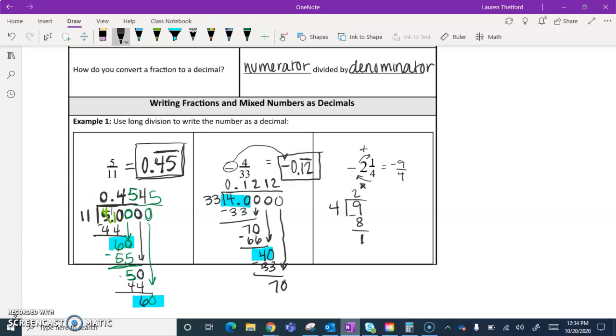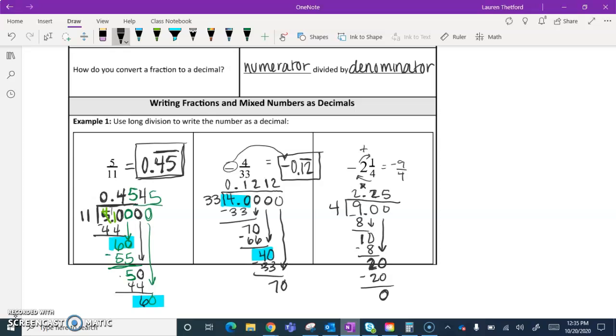It's not a 0 yet, or a pattern. So I'm going to add a decimal and a decimal on top, and then add a 0 behind it and bring it down. 4 goes into 10 2 times. 2 times 4 is 8. And when I subtract, I get 2. Still don't have a pattern yet. Bring down that 0. 4 goes into 20 5 times. 5 times 4 is 20. When I subtract, I get 0.